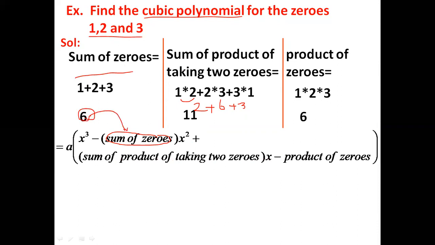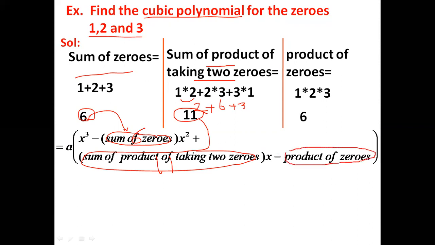And the sum of product of taking two zeros is 11, so you have to substitute 11. Into x minus, here in place of product of zeros, you have to substitute 6.